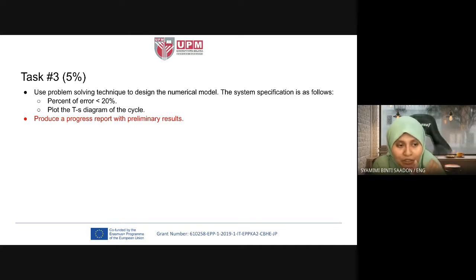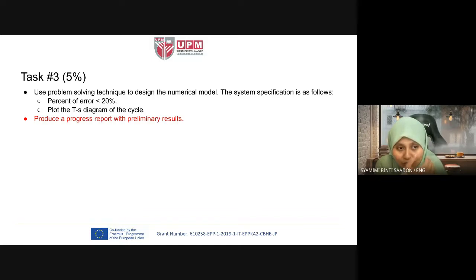But there will be some assumptions that you have to make. You have to assume some parameters. Some parameters are given in the literature, some are not given. You have to assume. For example, the density of water we know.